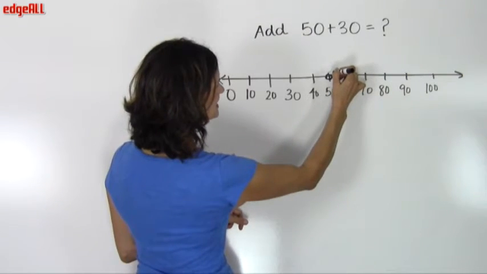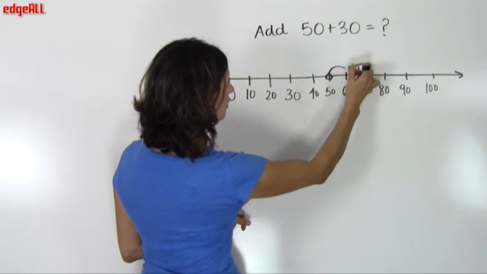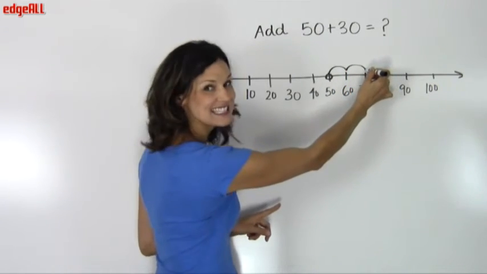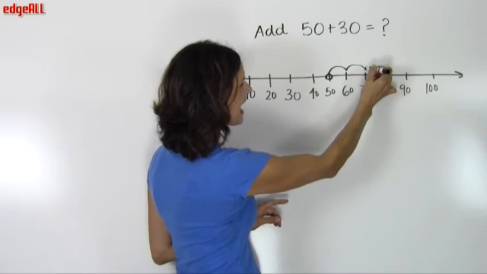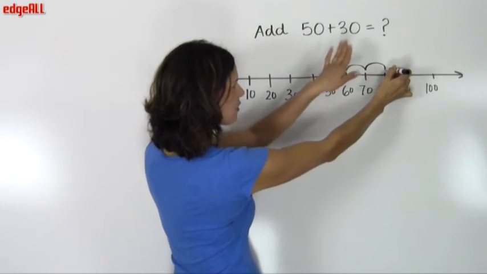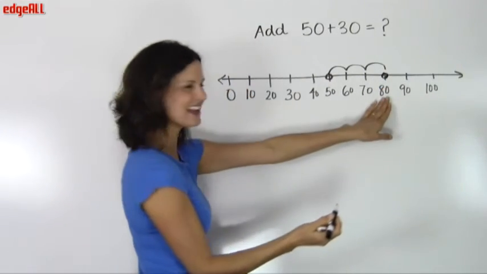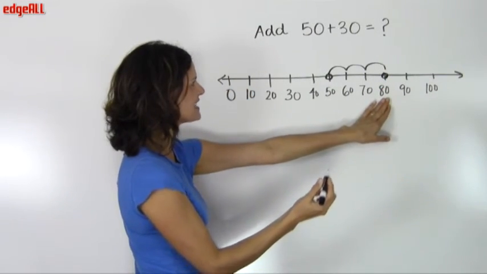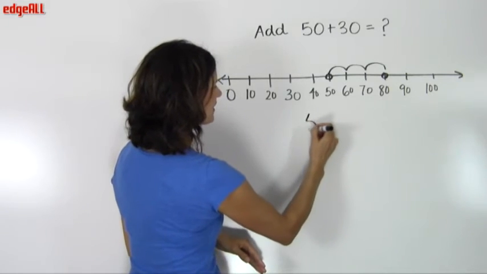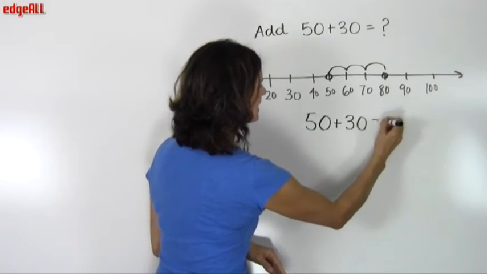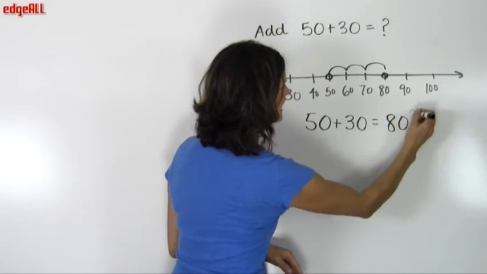So I can just go from 50 and go over 1 space, that's 10, 2 spaces is 10 more, or 20, and 3 spaces is 10 more, or 30, and I land right here on the 80. And so I can see that my answer to 50 plus 30 equals 80.